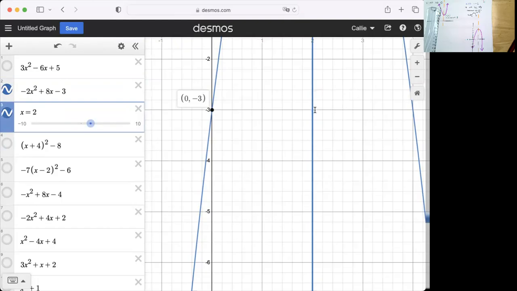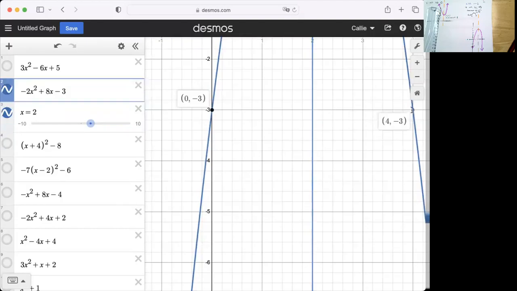Here is 2, negative 3, right? And 2, negative 3 is equidistant between 0, negative 3 and 4, negative 3, right?